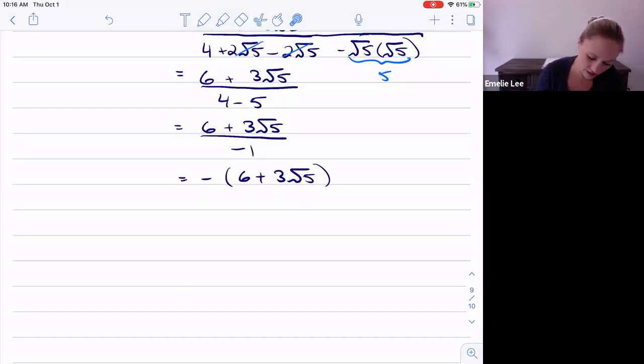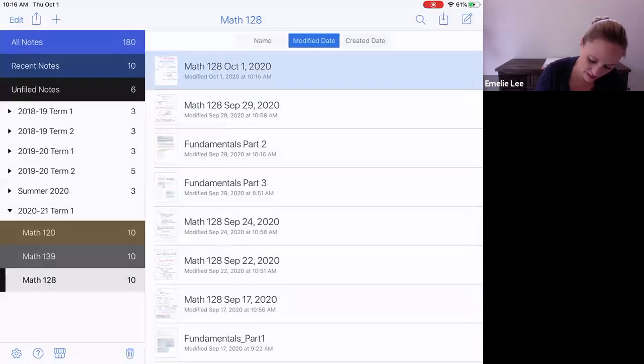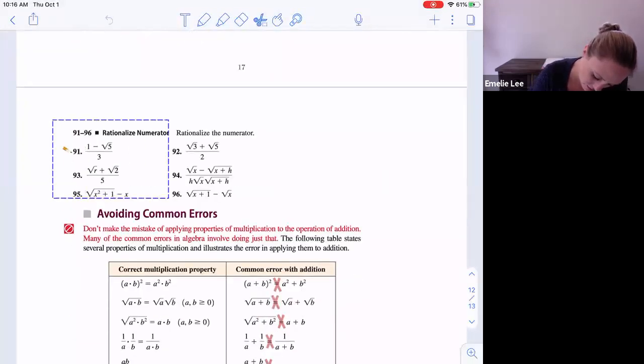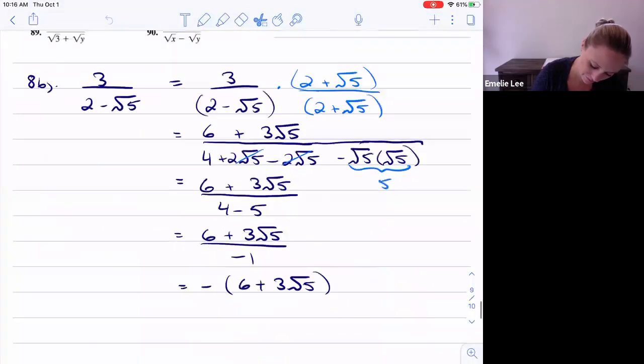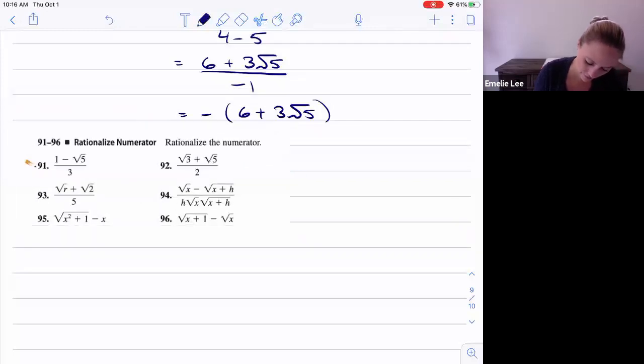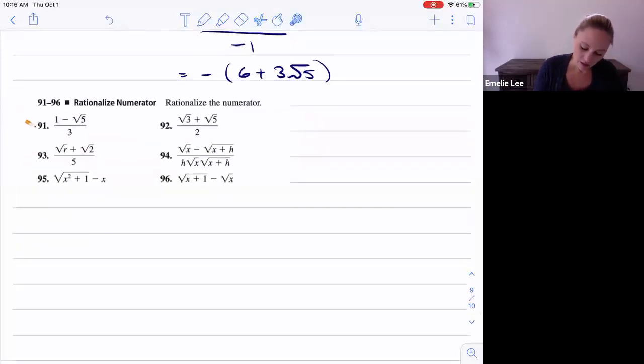What if we had to rationalize the numerator? So the same deal goes. Let's see here. Now we've got these roots in the numerator, and because I want to keep practicing with fractions, what I'm going to do is leave these guys.